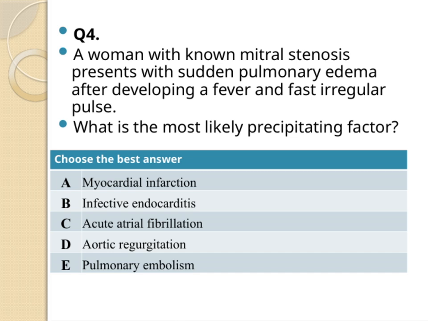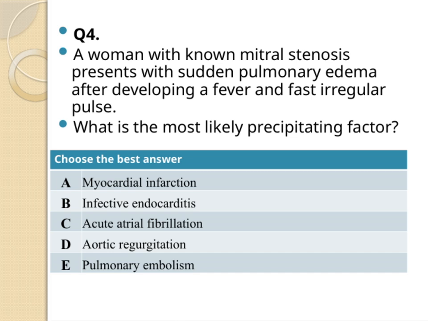Now, the presence of fever and irregular pulse raises suspicion of an infection affecting the heart, specifically infective endocarditis. Infective endocarditis can cause damage to the valve apparatus, leading to acute valvular dysfunction. Given her history of mitral stenosis, if infective endocarditis affects the mitral valve, it can cause an acute worsening of stenosis or even valve destruction, precipitating pulmonary edema rapidly.